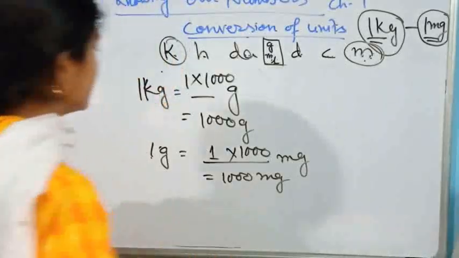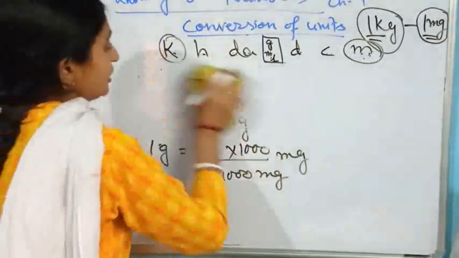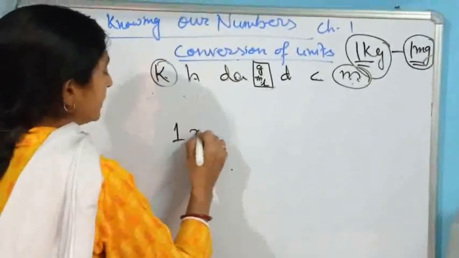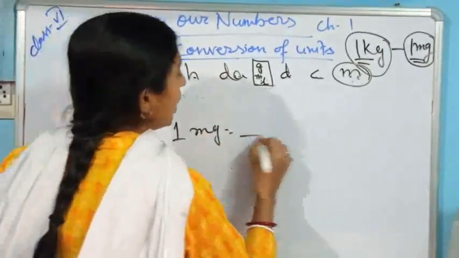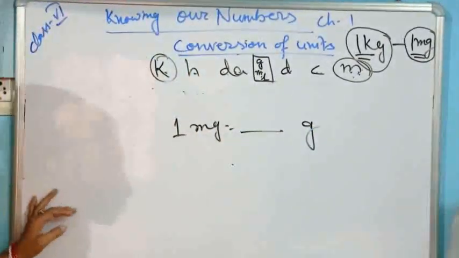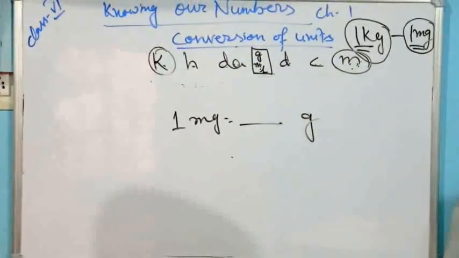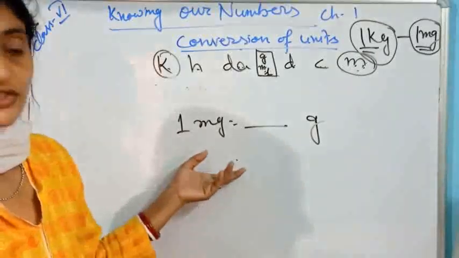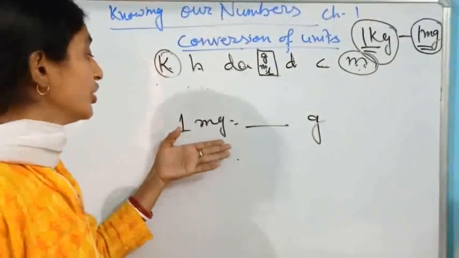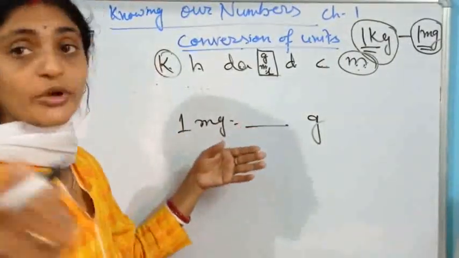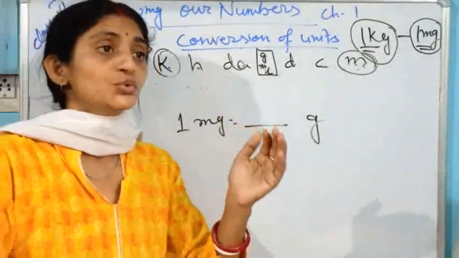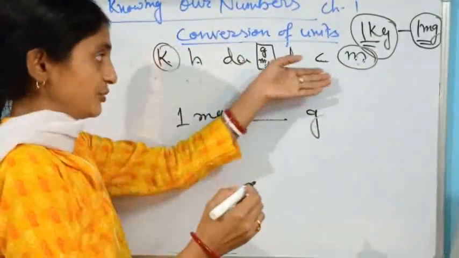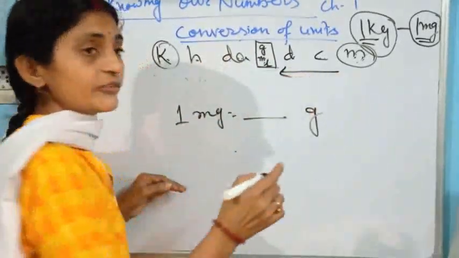Let's take an example: 1 milligram equal to how many gram? What will you do in this case? Here, as I want to convert 1 milligram to gram, I will go to the reverse position. That means I will move towards the left hand side.